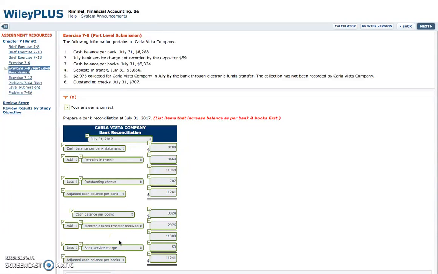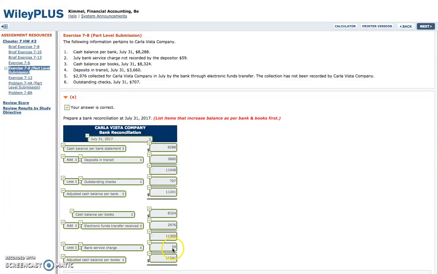So step 2, now we're going to subtract any unrecorded payments that we have on the account. And the bank service charge, number 2, was not recorded by the depositor, of $59. So the bank service charge would work for an unrecorded payment.